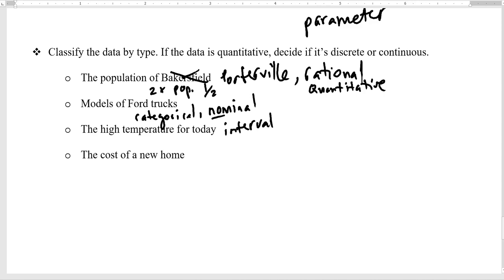Okay, the cost of a new home. I'm thinking number, right? So I'm going to start at rational. Can you have a meaningful zero? That's a weird question. I didn't like that when I read that in a book. So what I like is what this book says. Can you have twice as much, half as much? Can you meaningfully multiply or divide? Could a cost of a home be twice as much?